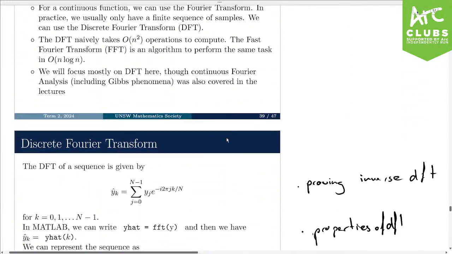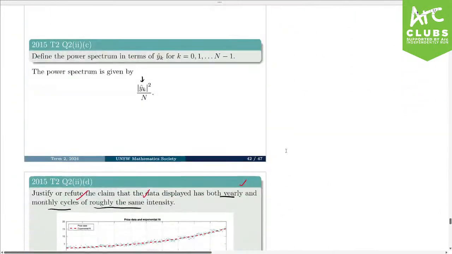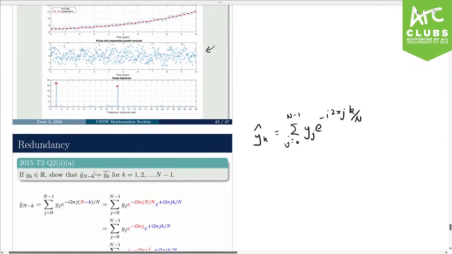Let me just check with this. Yeah. So we want to show that this is equal to the conjugate of this.